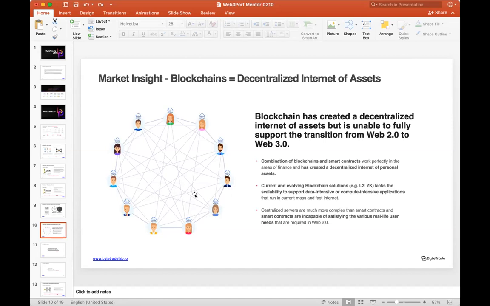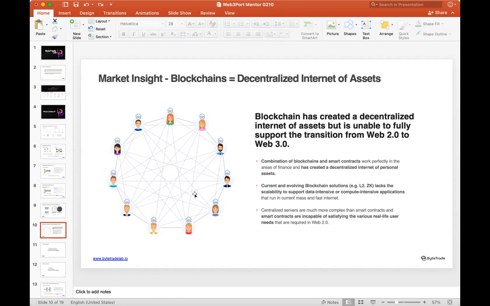Applications require data-intensive and compute-intensive capabilities, and the current and evolving blockchains are less likely to meet that requirement.